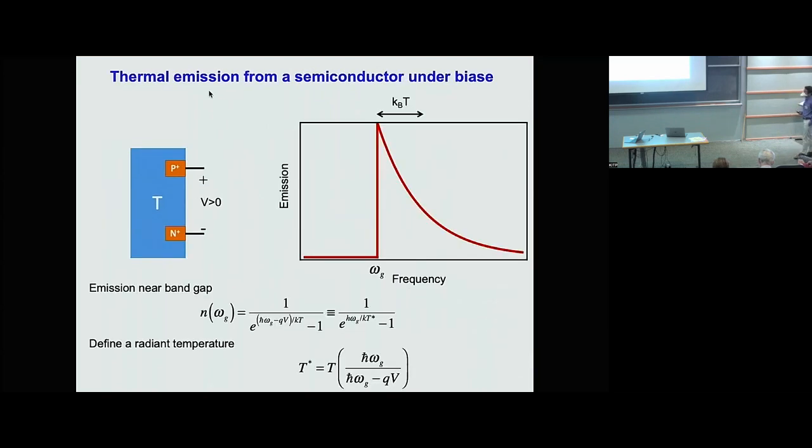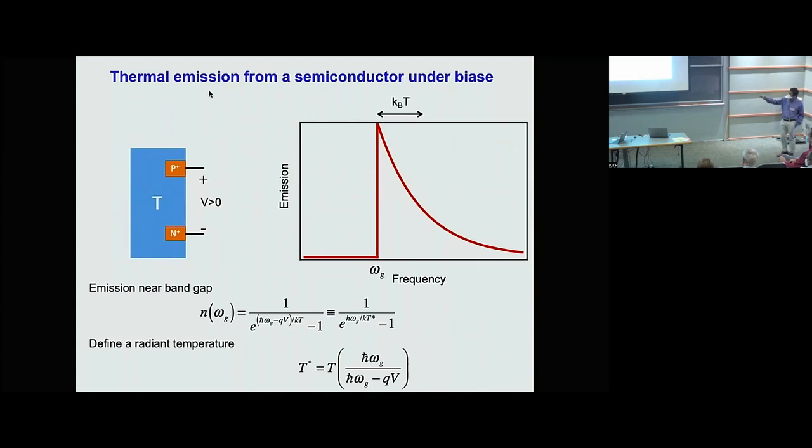The other interesting aspect, which actually turned out to be quite useful, is to think about this suppression and enhancement process in terms of what's called a radiant temperature, which is an effective temperature. So the way you think about it is that you write down the emission. Now, you know that the emission is mostly concentrated at a frequency near the band gap.